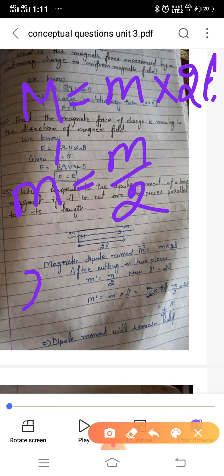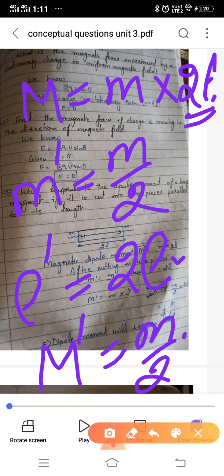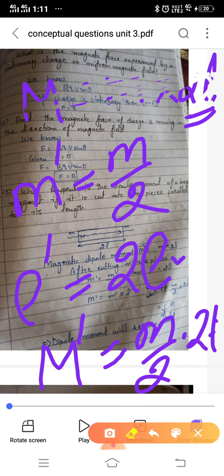So the new length will also remain 2L. Original length was 2L, new length also remains 2L. So what will be the new magnetic dipole moment? It will be m by 2 multiplied by 2L. Okay, so that means if I rub this upper part, I'll write here what is the value of m dash?